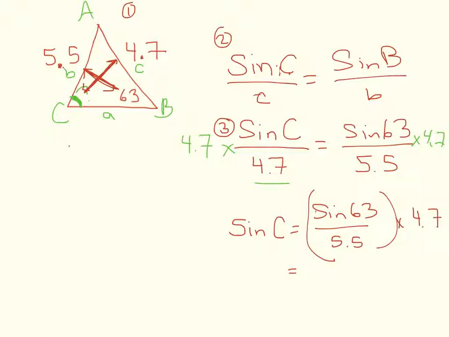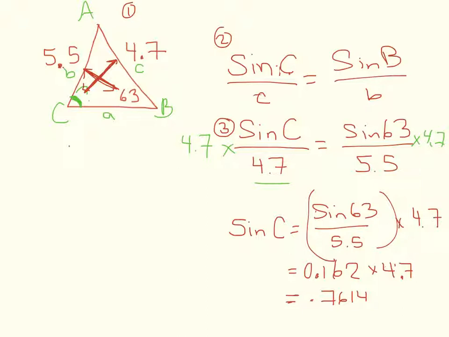So I'm first going to find sine 63 divided by 5.5, and that's 0.162, times 4.7, and that's decimal 0.7614. You can keep 3 decimals, 4 decimals. The more decimals, the more accurate it'll be.